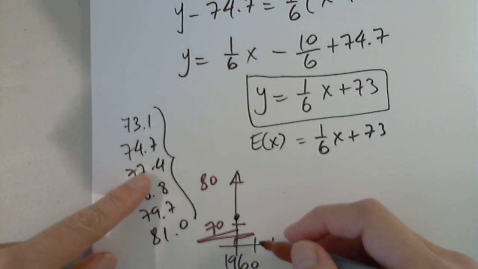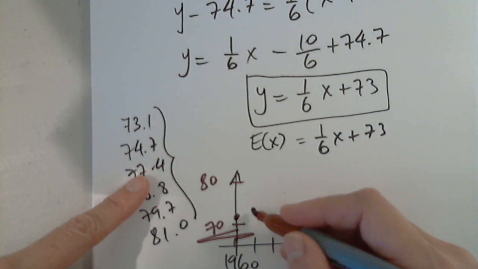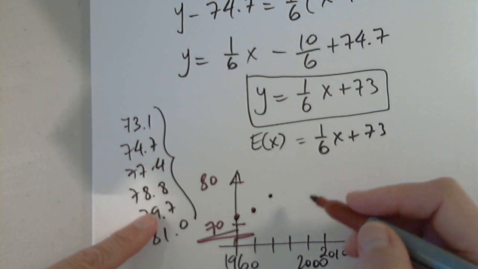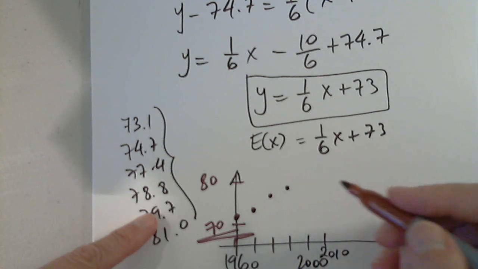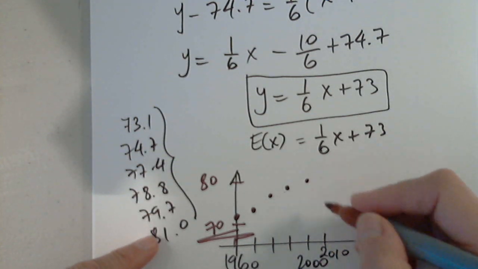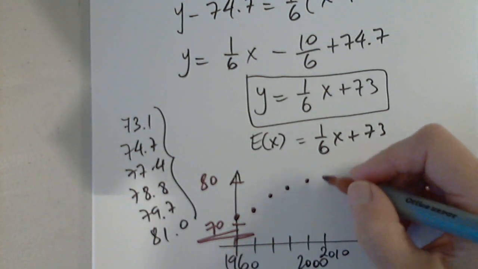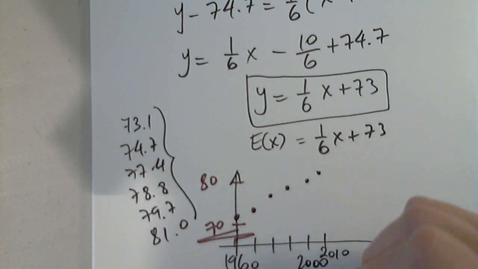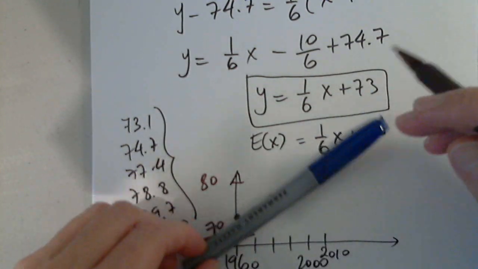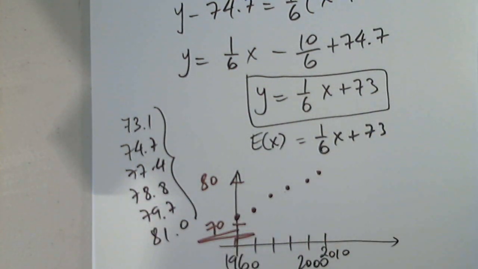For the next one, 74, somewhere here. For the next one, 77, a little higher. This one, 78.8. For 2000, somewhere here. And then for 2010, somewhere here. So if I want to draw a line, I can't. I can draw a line that is the closest through them, but I cannot draw a line through all the points. That's not going to happen.